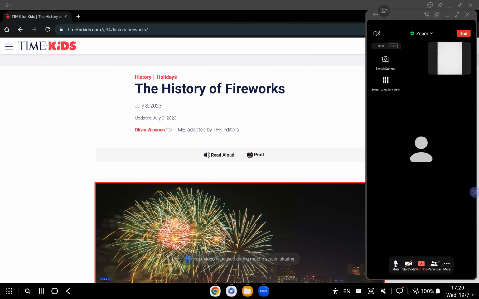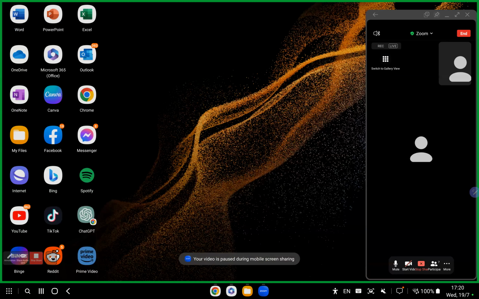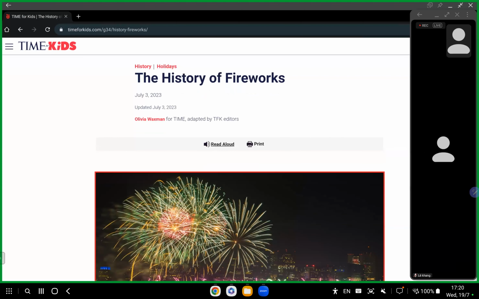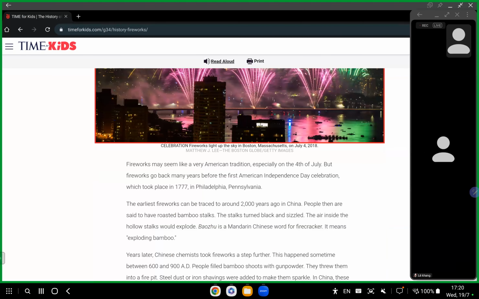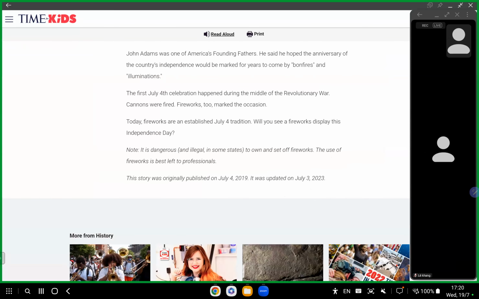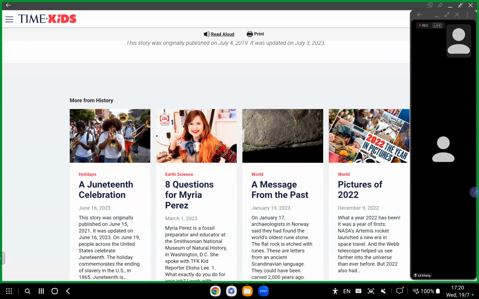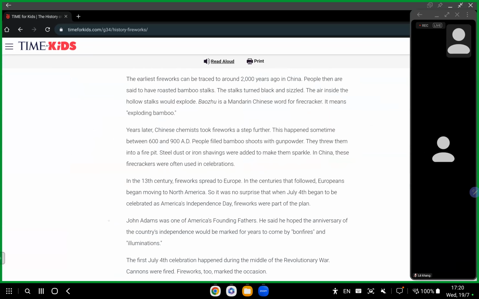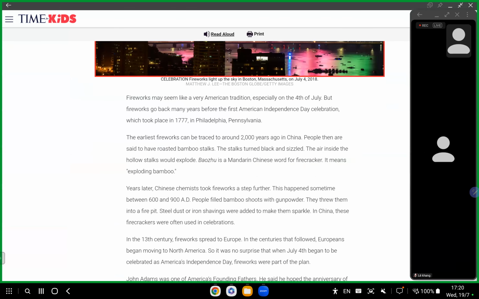So here we go, the history of fireworks. So let's have a read through. We'll take it paragraph by paragraph. So it's not a very big article, but we can find some evidence in here.